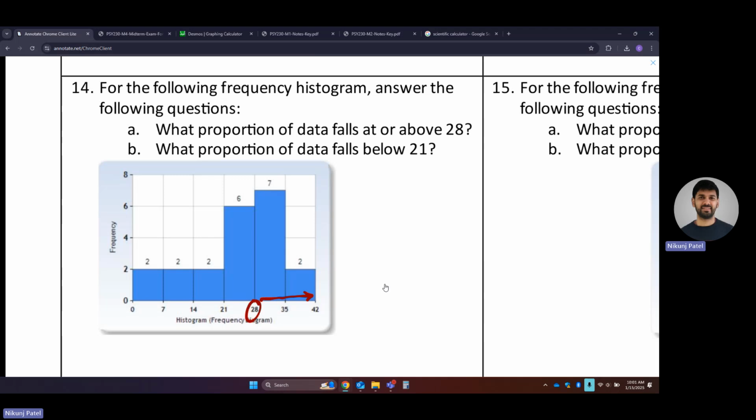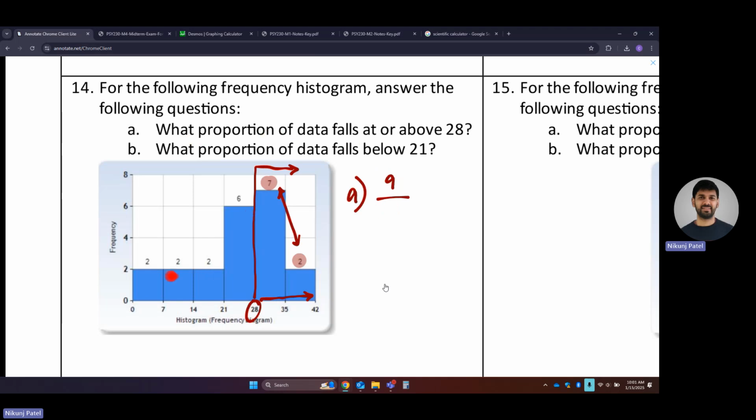And so that would be these two rectangles, because that's everything at or above 28. So for part A, we've got 7 plus 2, which is 9. We would add these two rectangles up. And since it's a proportion, we need to figure out what's the total, 9 out of how many.